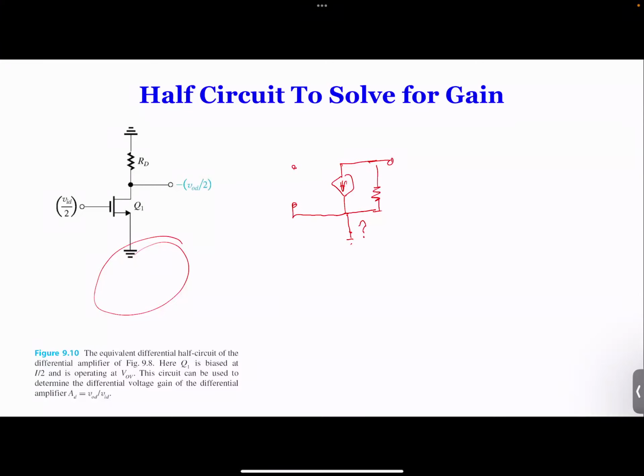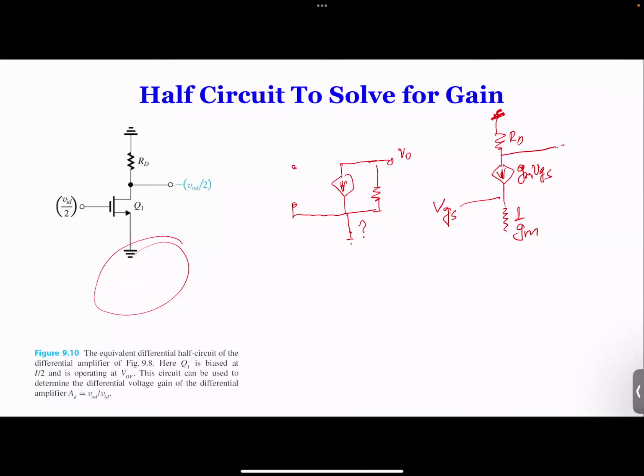And for the pi model, that's for the pi model. And then for the T model, we have this one here, and then we have this RD over here, and we have ground over here. And over here we have this 1 over GM, and now we have VGS over here, and this is GM times VGS.